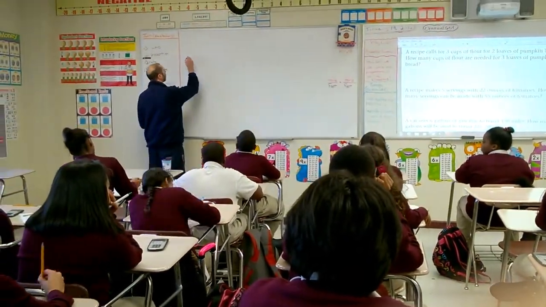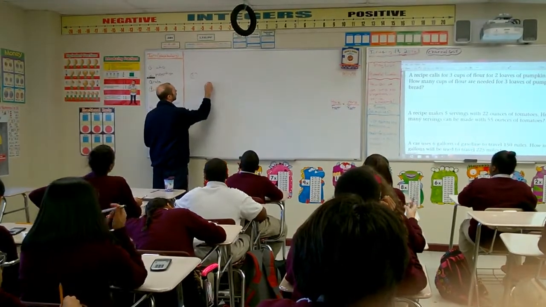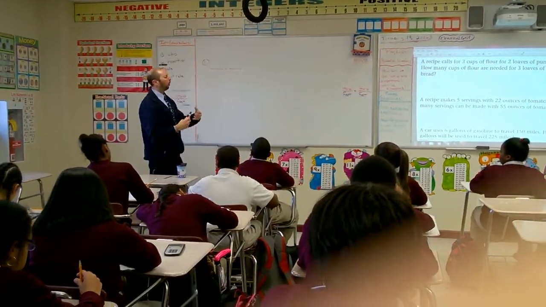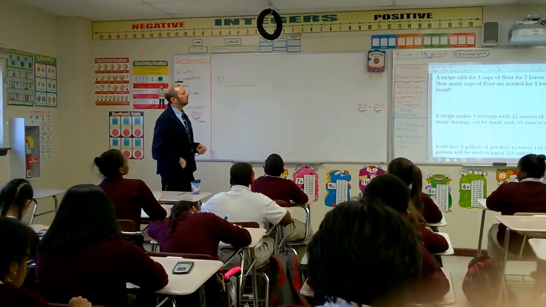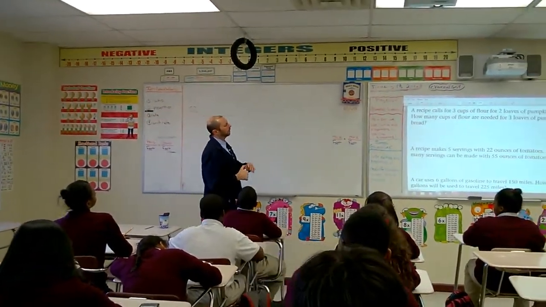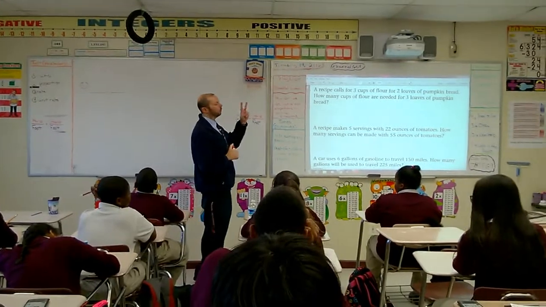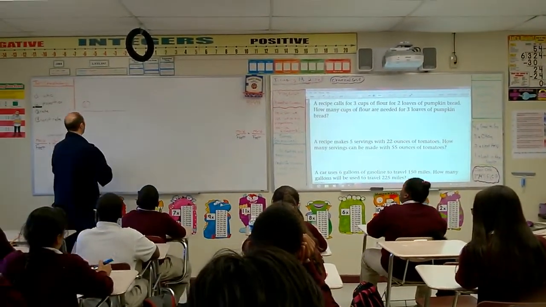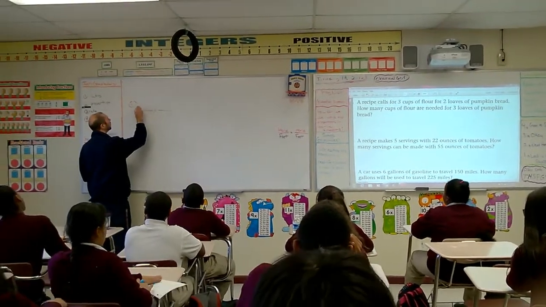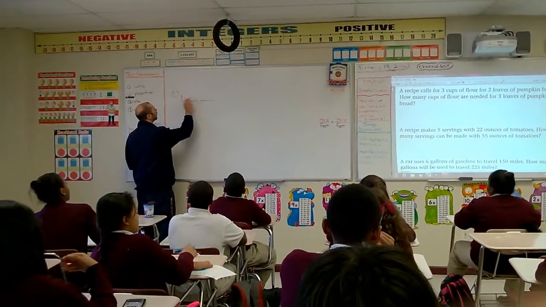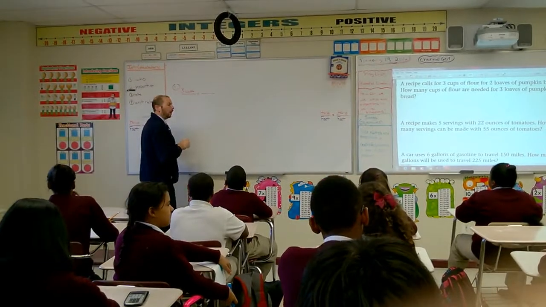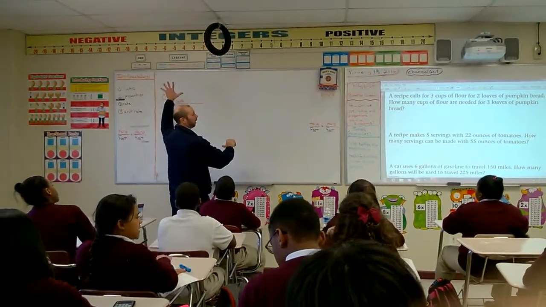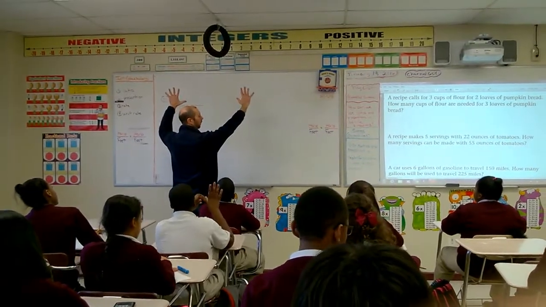So if I set up my proportion, you have to think about what goes together. The first thing, it says 3 cups of flour for 2 loaves of pumpkin bread. So if I have 3 cups of flour, if I follow my rule, hand, foot, if I have cups on this side, this has to be the same over here, right?